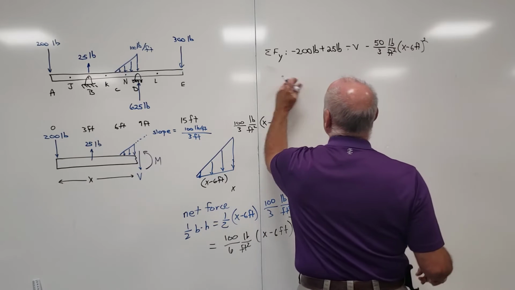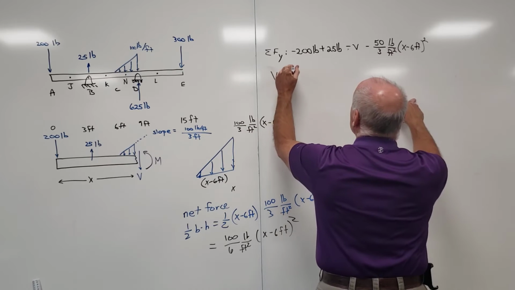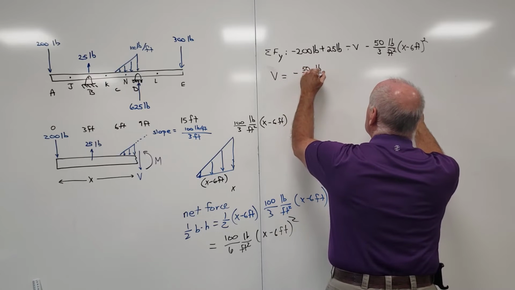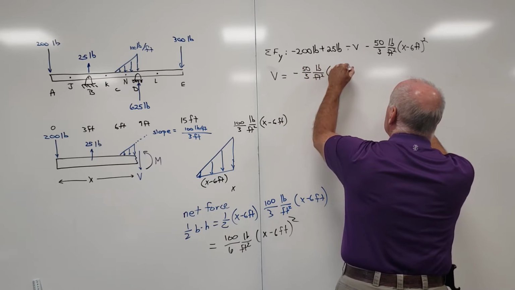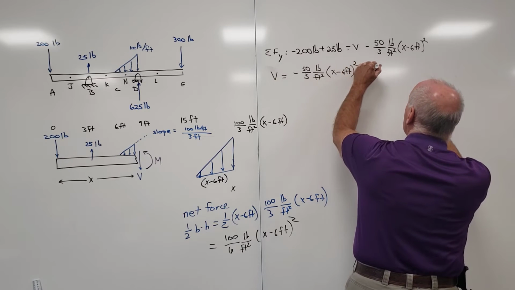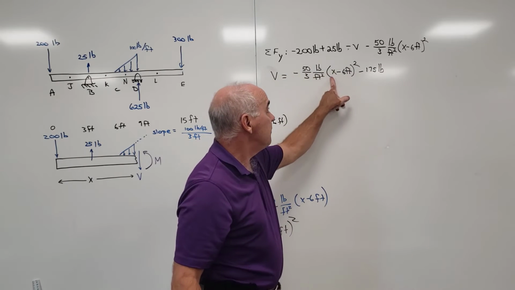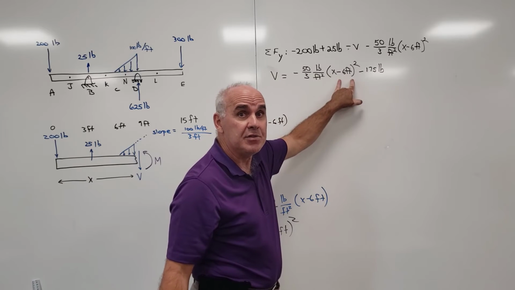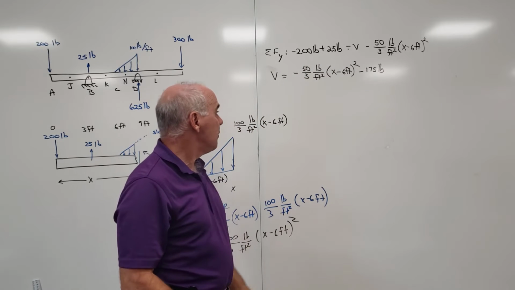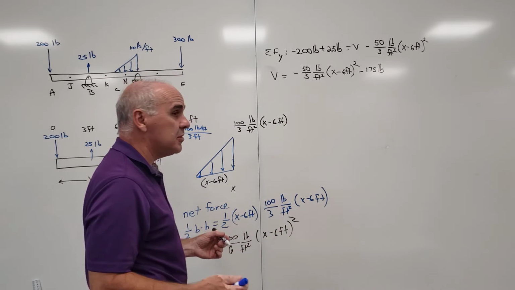And so V is equal to, bringing that over, negative 50 over 3 pounds per square foot times X minus 6 feet, quantity squared, and then minus 175 pounds. Just doing a quick unit check here: X is in feet, so feet minus feet is feet, square that, that's square feet in the denominator, so it goes away and you're left with pounds. So I'm pretty happy with all of that. There's the sum of the forces.